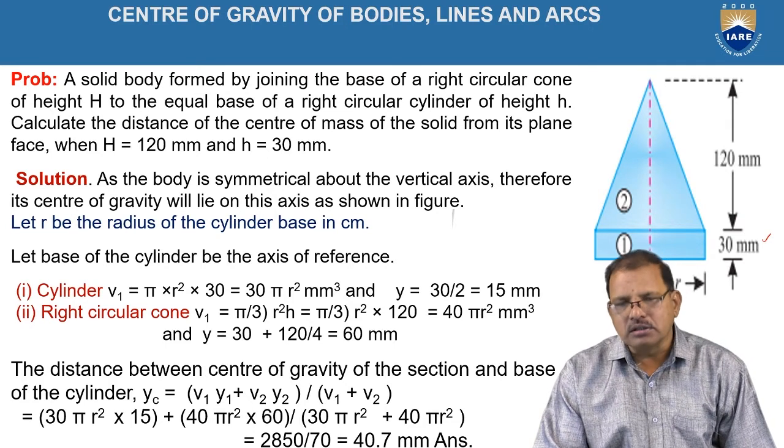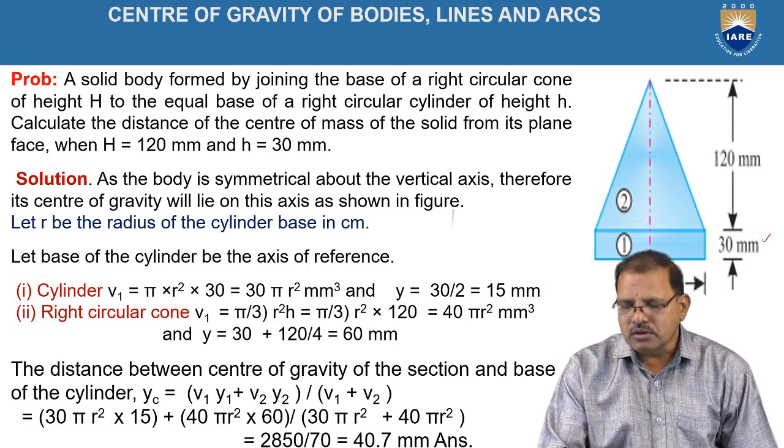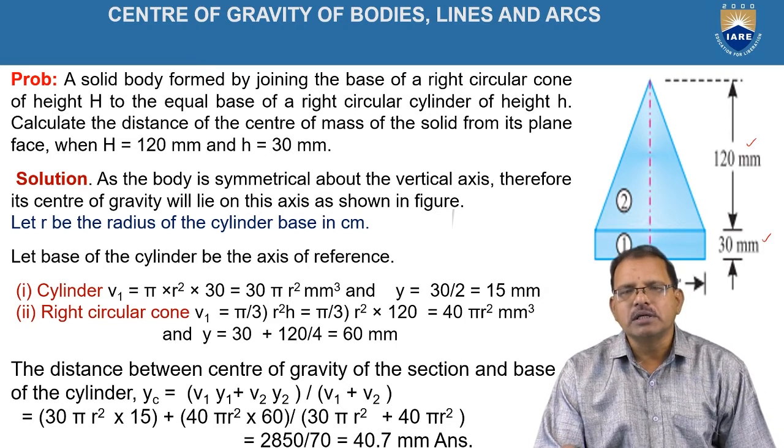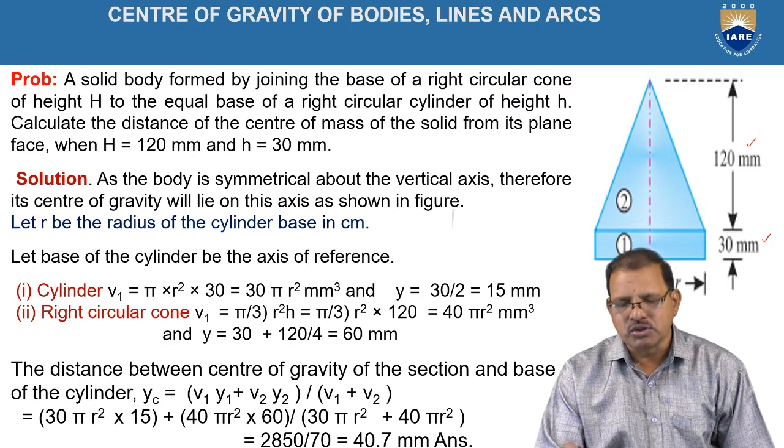Above the cylinder, a right circular cone is fitted over it, whose base diameter is equal to the diameter of the cylinder and height is equal to 120 mm. Since the object is symmetrical about the vertical line, this line of symmetry is treated as the y-axis, in which the x coordinate of the center is equal to 0.